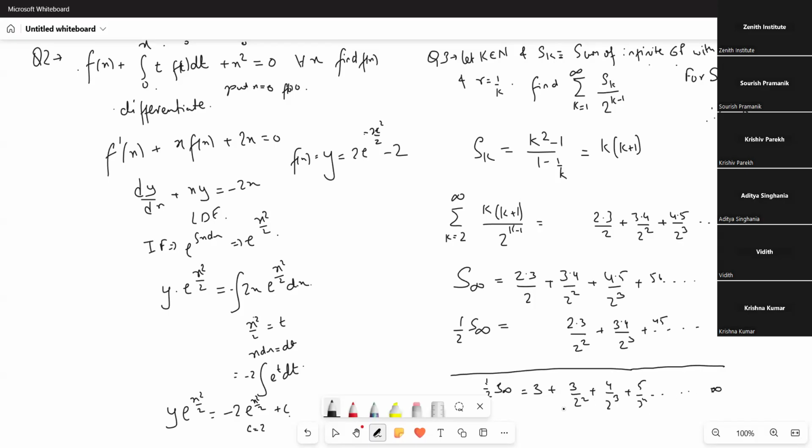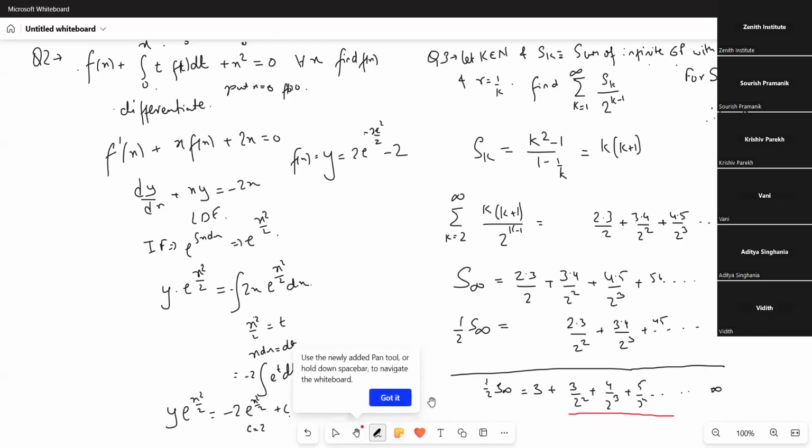Now if you look at the sequence from here onwards, what does this end up becoming? An AGP. This is an infinite AGP.